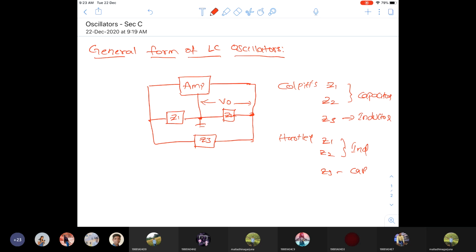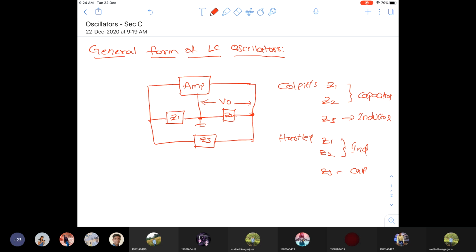So we are deriving a general equation which will be applicable for both the Colpitts and Hartley oscillator. Once you have that equation, you can directly substitute Z1, Z2, Z3 according to your type of oscillator. For Colpitts, Z1 is 1 by j omega C1, Z2 is 1 by j omega C2, which is the impedance of the capacitors, and Z3 is j omega L. You can substitute like that and derive the operating frequency.